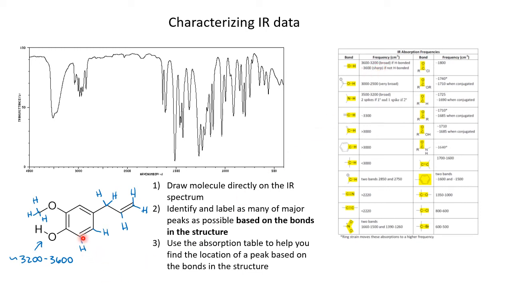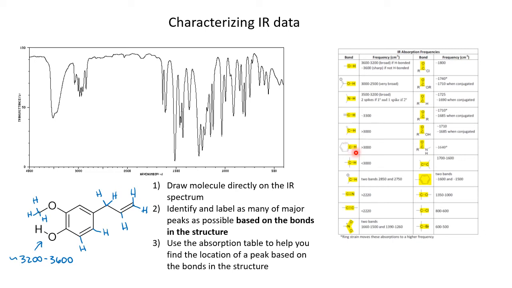We also have carbons that are sp2 hybridized bound to hydrogens. Again, coming over here, taking a look at this chart, the highlighted portions represent the bonds that these frequencies represent. So over here, we've got a hydrogen bound to a carbon, and if we take a look at this carbon, it is sp2 hybridized.